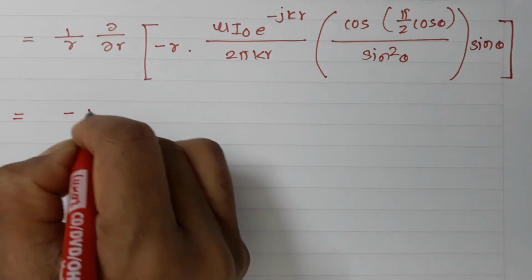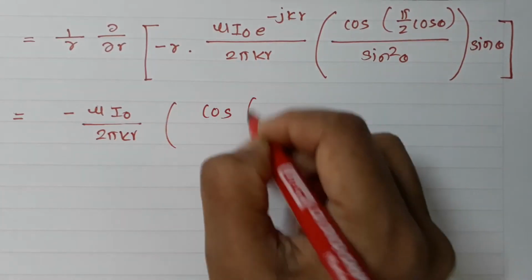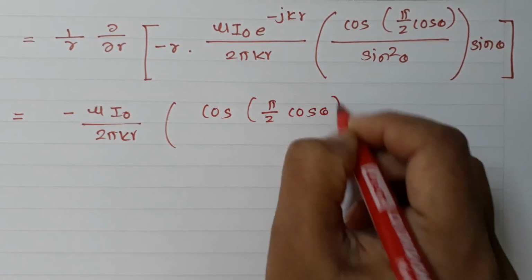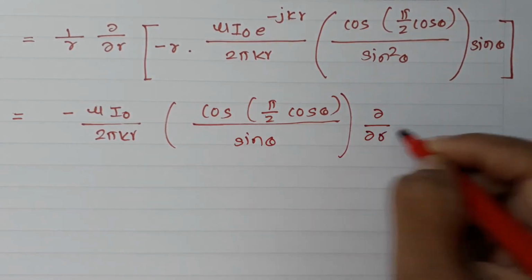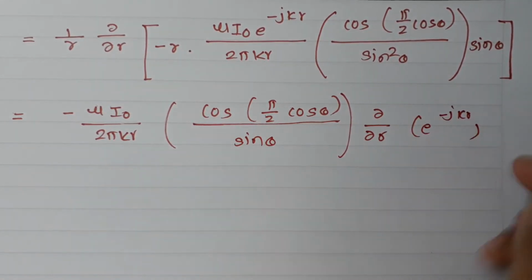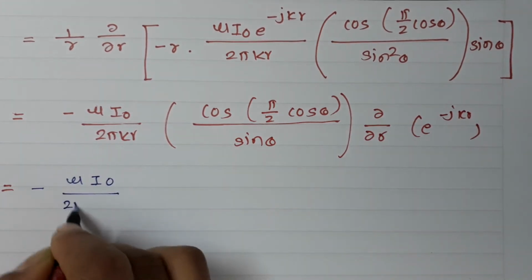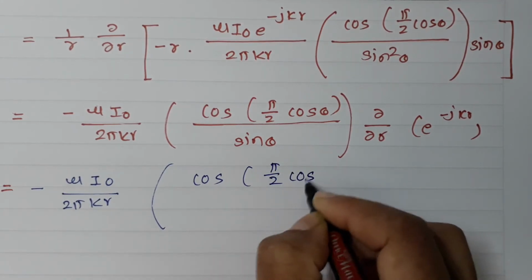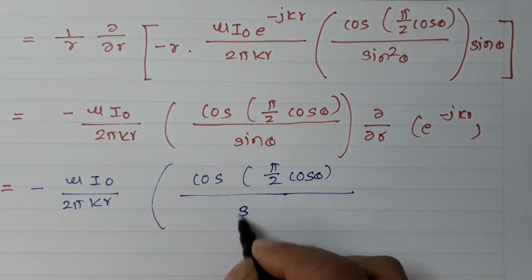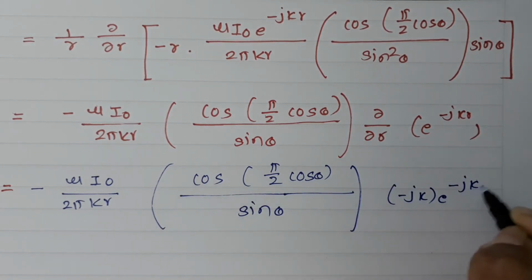So I can write here minus mu I0 2 pi kr cos pi by 2 cos of theta divided by sine of theta d by dr e raised to minus jkr. Further elaborating, this is nothing but minus mu I0 2 pi kr cos pi by 2 cos of theta divided by sine of theta, then minus jk e raised to minus jkr.